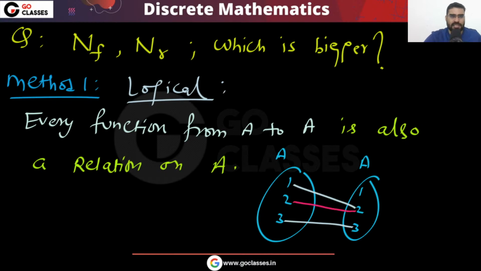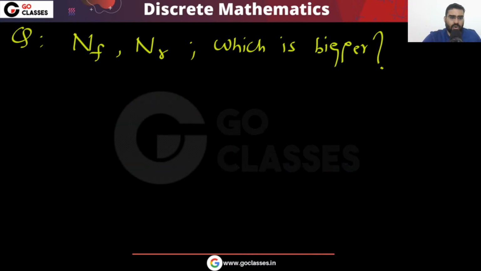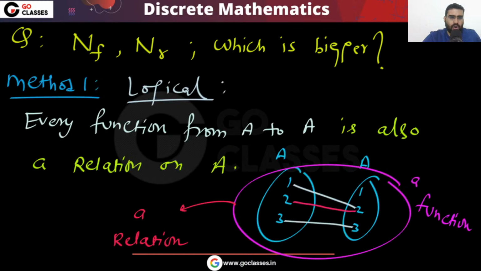You can easily see this is a function, and this is also a relation. So every function is also a relation. Agree? Correct? But remember, you can create more relations.